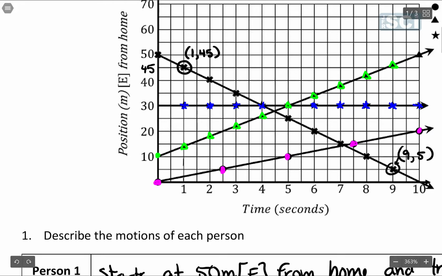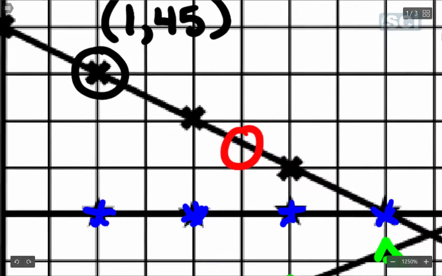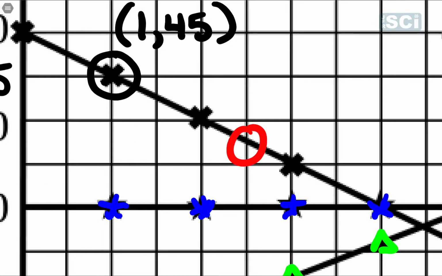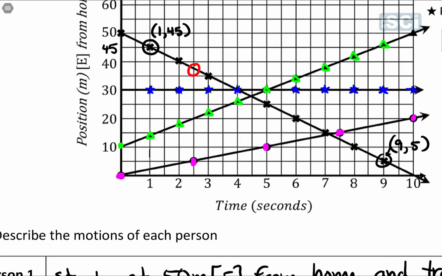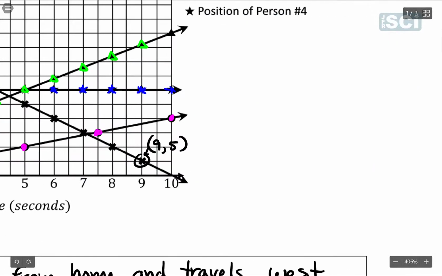Right? I do not want to use, say, this value. That value is a poor choice because you're guessing on the y value. Yes, you may understand what the x value is, 2.5, but that y value you're going to have to guess at. So we're going to try to stick away from that. So we'll put a little note on the side here.